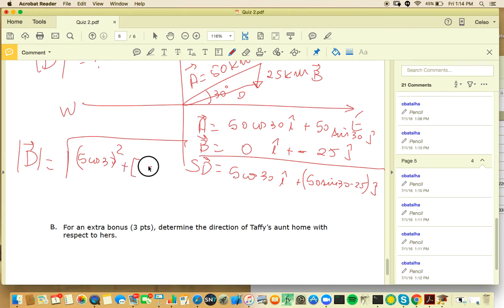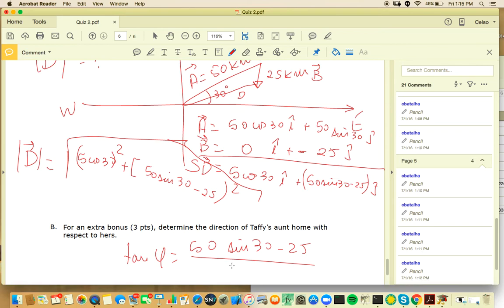And take the square root of it. Okay? 50 sine of 30 minus 25, squared, and the square root of all of that. Done. For an extra bonus, determine the direction. So tangent of phi is equal to this number, 50 sine of 30 minus 25 divided by 50 cosine of 30, and then the problem is solved.